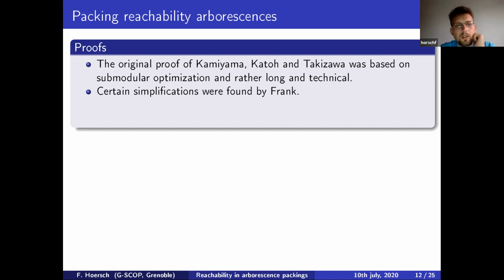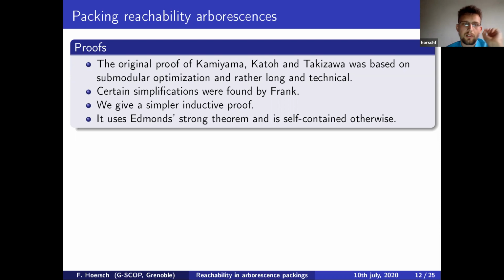It's still not quite easy. And so what we want to show you is an inductive proof of this theorem. Basically, the only thing I want to use is the strong theorem of Edmonds on spanning arborescences, which I showed you before. And the inductive proof should be self-contained otherwise.